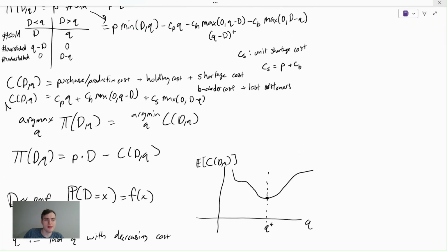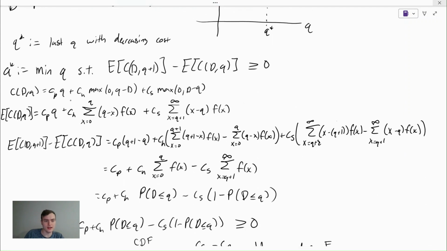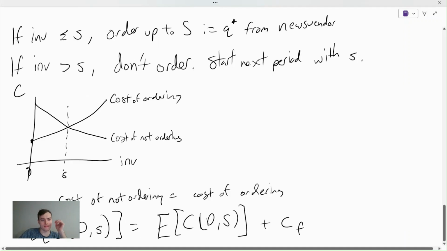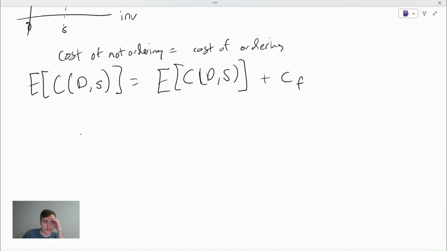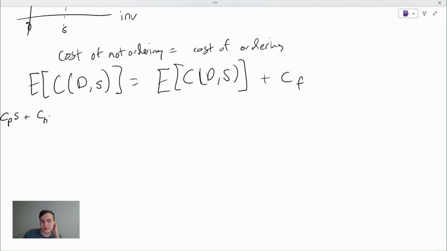And let's recall our cost function up here, right? But we can go ahead and use the version where we've plugged in the f of x PMF, right? So we're just copying this guy. And instead of Q, we have S. So CPS plus CH times the number of units overstocked, right?